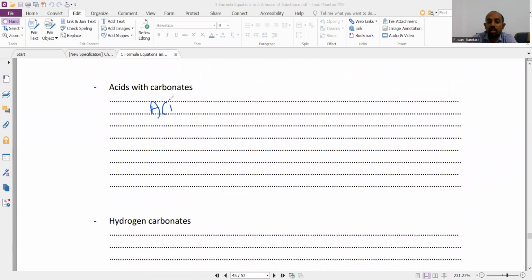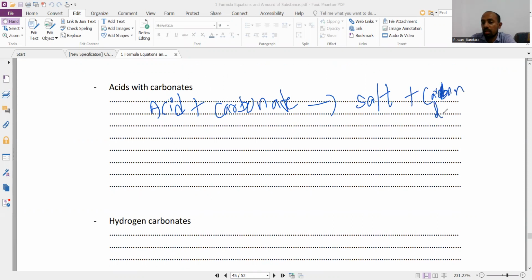Acid plus carbonate gives you salt plus carbon dioxide plus water.